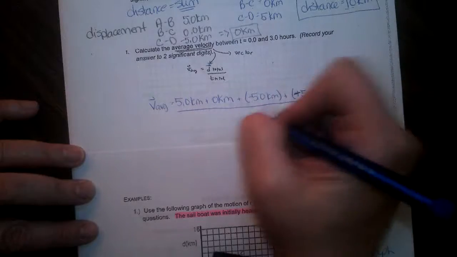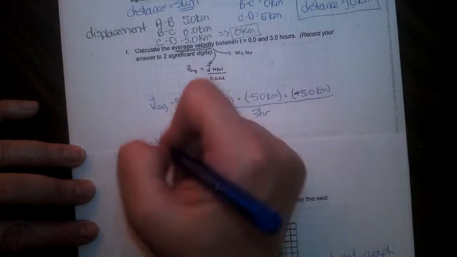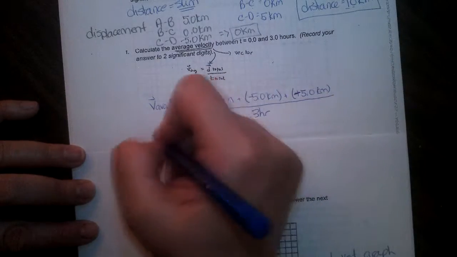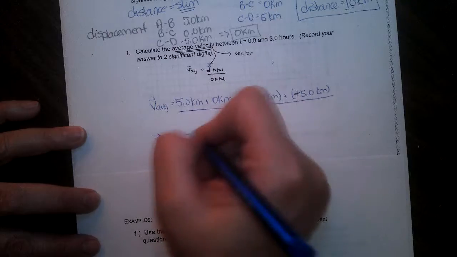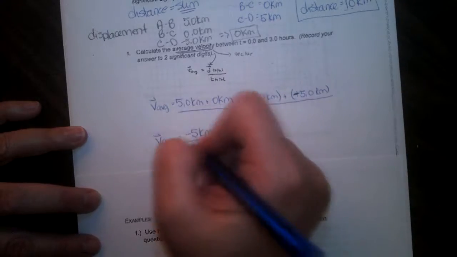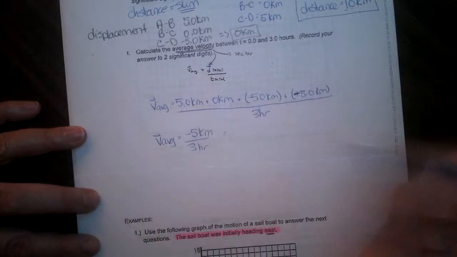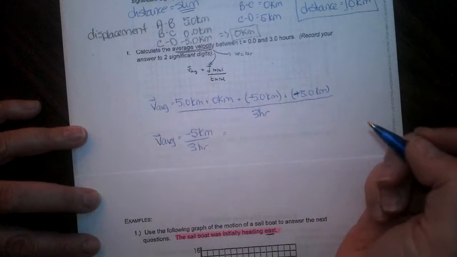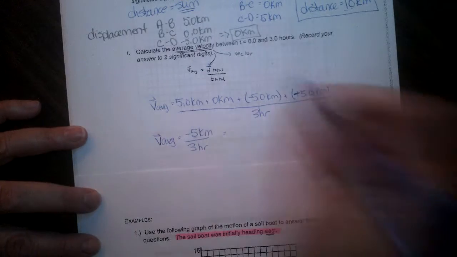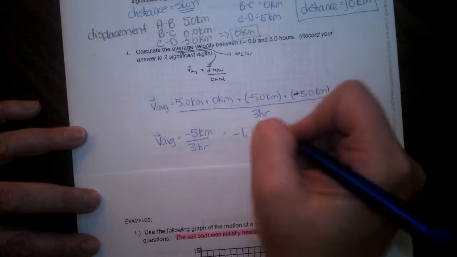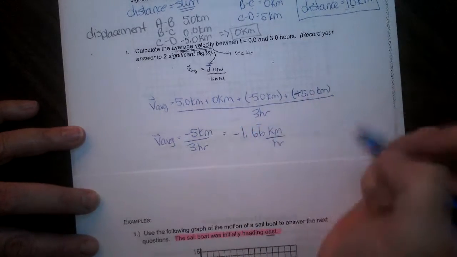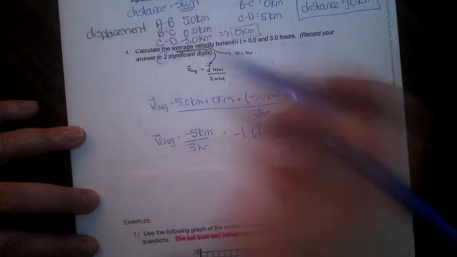Okay, and the total time is 3 hours. So 5 plus -5 plus -5 gives me -5 kilometers over 3 hours. What do I get for a value? Somebody punch it into their calculator. Negative 1.66 repeating kilometers per hour. Okay, it says record my answer to 2 significant digits.